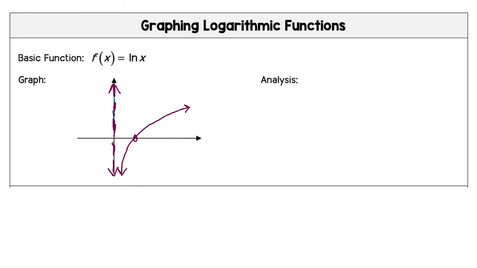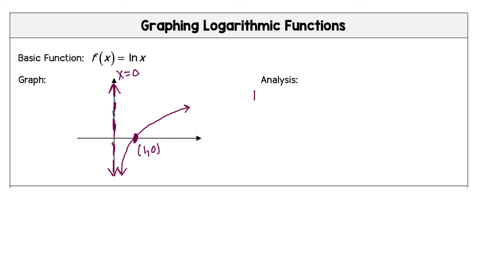You go through this point right here of 1, 0. Your asymptote here was x equals 0. I didn't put that in. So there's your basic graph, just like a parent function. This is a parent function, something you do need to know. Do make sure you can get this basic graph in.